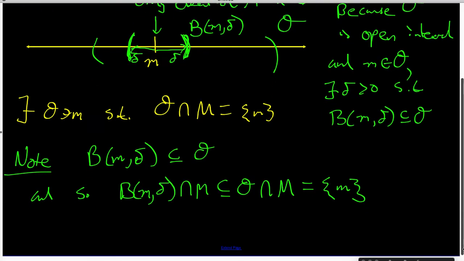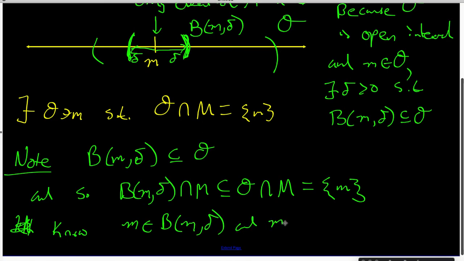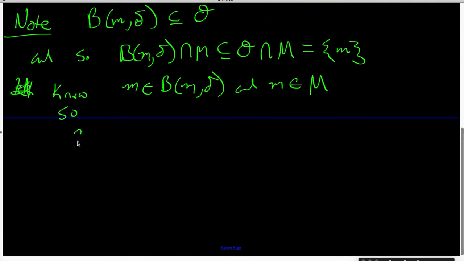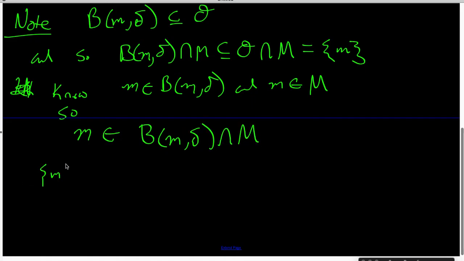I also know that little m does belong to this delta ball, and little m does belong to capital M. That tells me that little m does belong to the intersection of the delta ball and M, and that says the singleton set is a subset of this intersection.